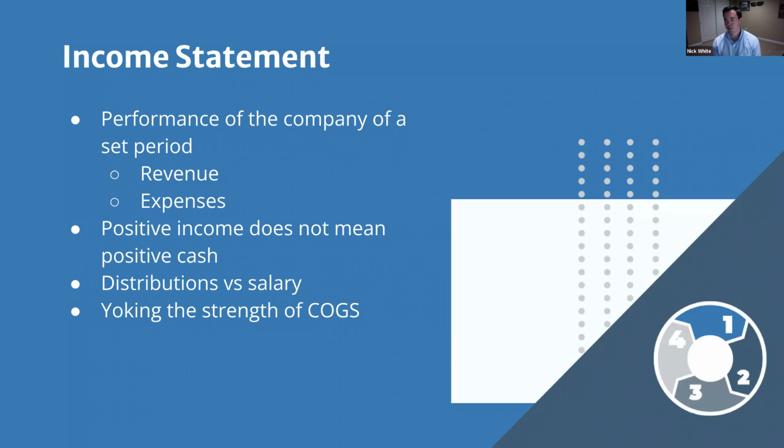And then looking at cost of goods sold. This is a great thing to pay attention to as well. The cost of goods sold is reported separately from the expense section of the income statement. We'll take a look at an example here in just a minute. But think of cost of goods sold this way: it's our direct costs of the items that you're selling.